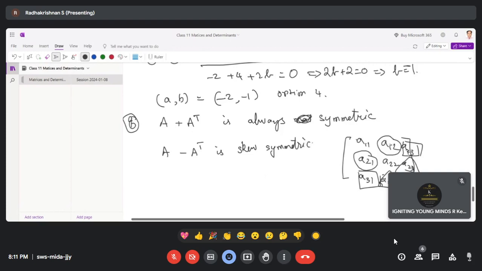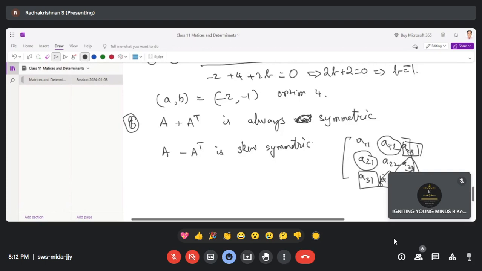Skew symmetric means, if these terms are equal, it is symmetric. If they are negative of each other, A21 is equal to minus A12, A31 equal to minus A13, and A32 equal to minus A23. And also, the diagonal element should be 0 for a matrix to be skew symmetric. Okay. So A minus A transpose is skew symmetric.